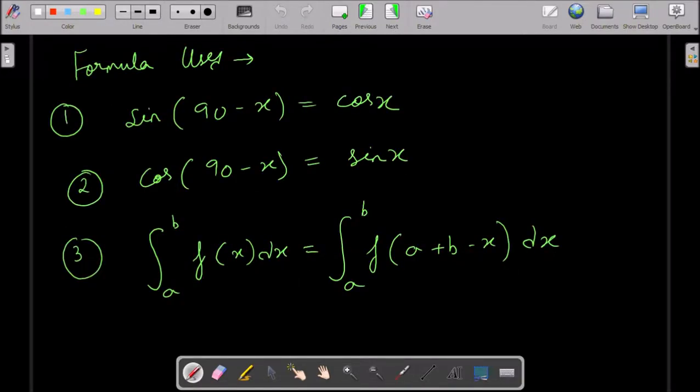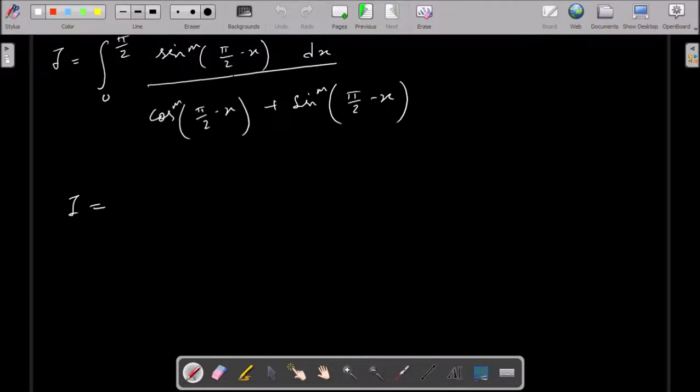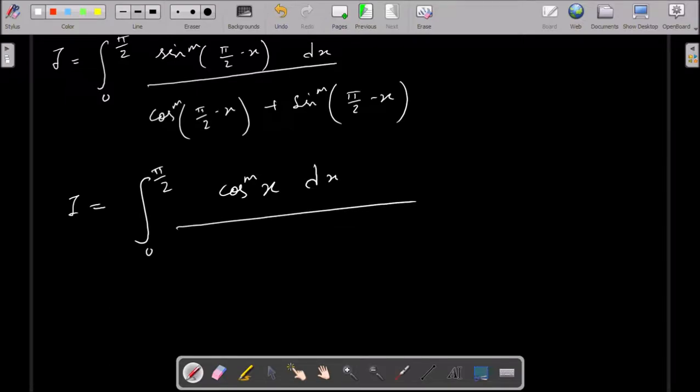Sin 90 minus x is cos x and cos 90 minus x is sin x. So the numerator is cos x to the power m dx, upon sin x to the power m plus cos x to the power m. Now this is the new value of I.